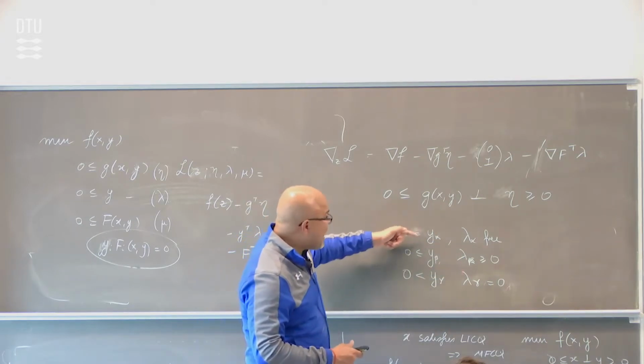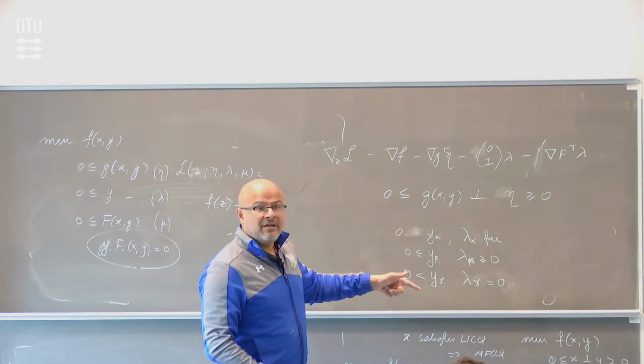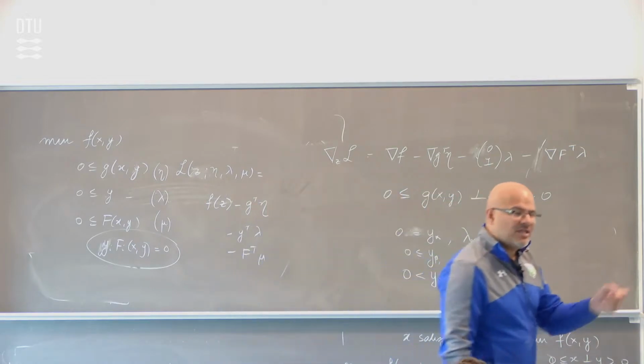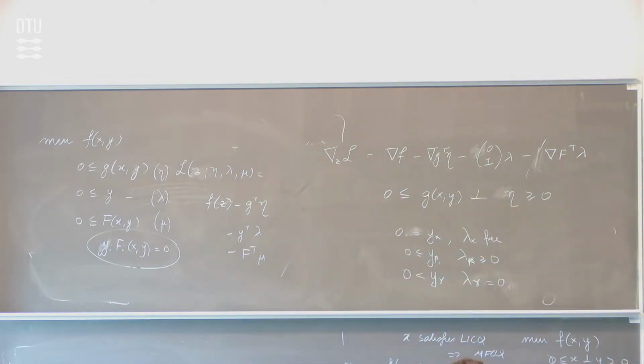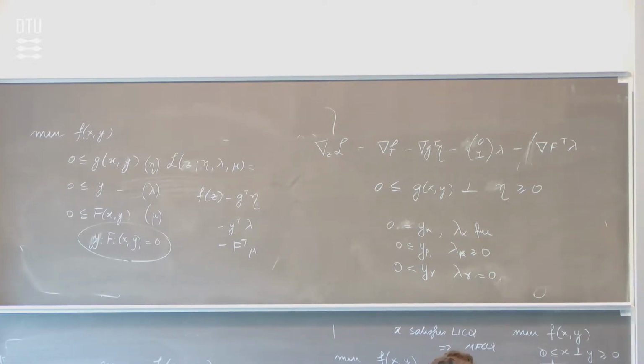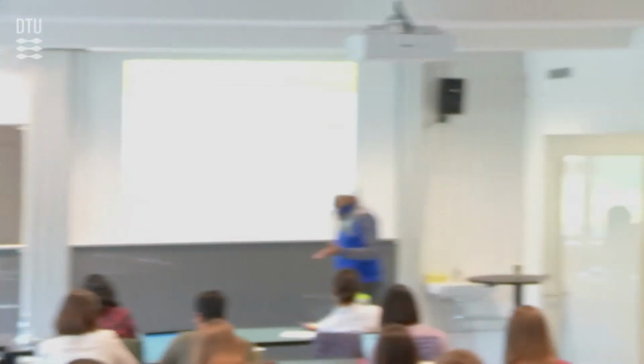Because I know the active sets. What I've done is I know which of the indices are active, which ones are inactive, and the betas represent those that are just greater than or equal to 0.